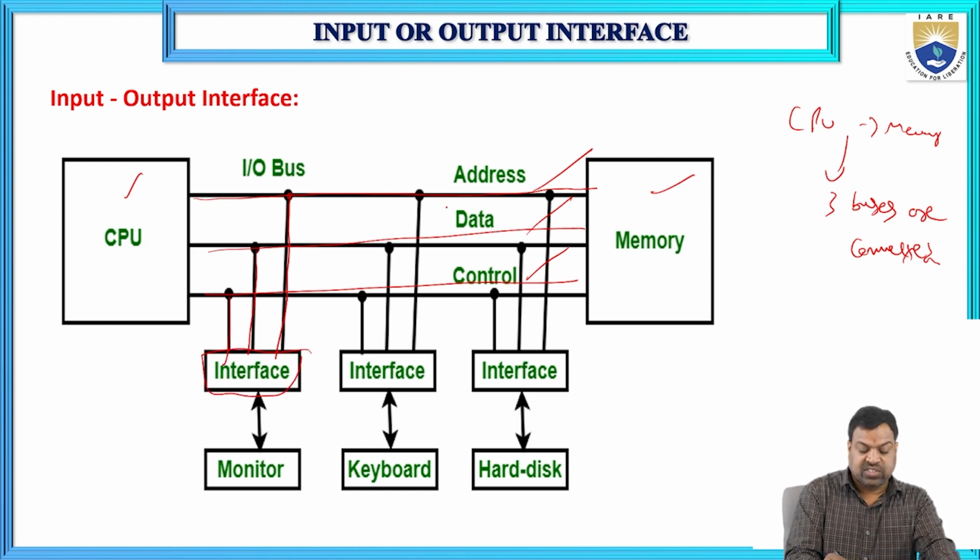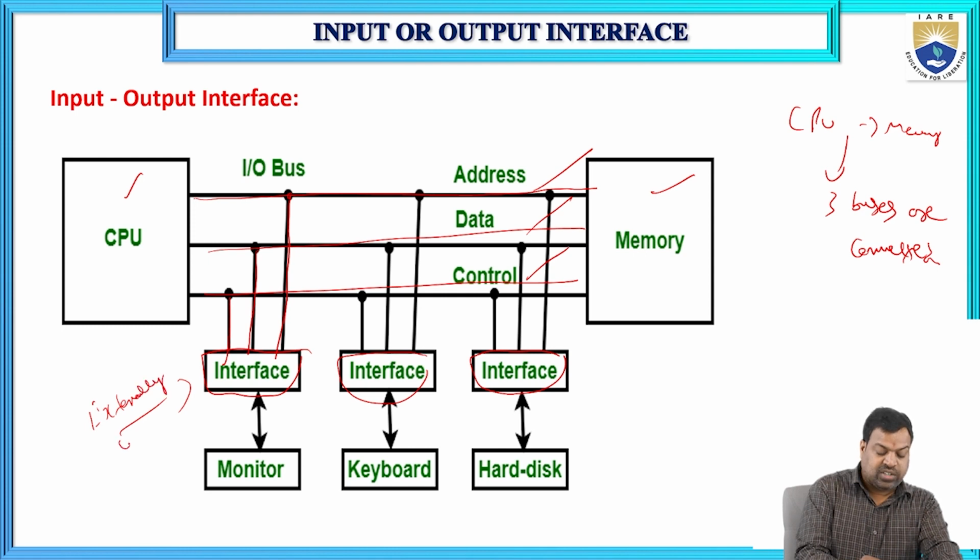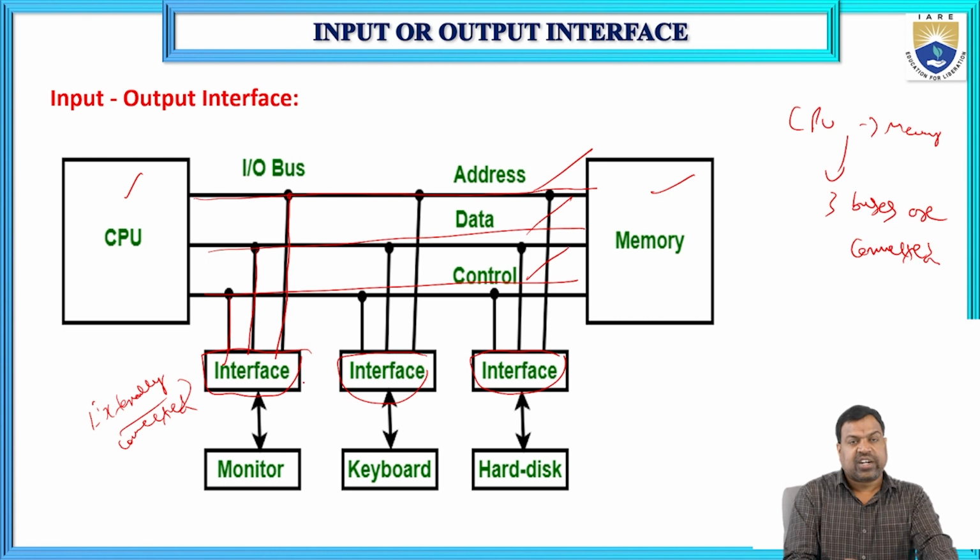Address, data, control is one interfacing. Interfacing is nothing but the connection between the CPU and input output. It means externally connected devices.